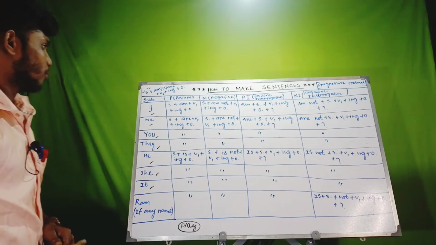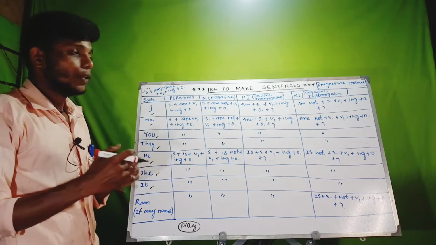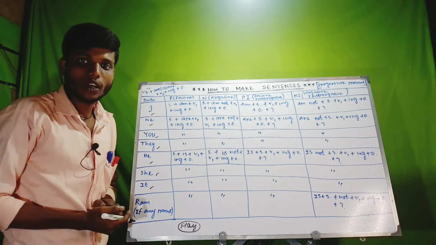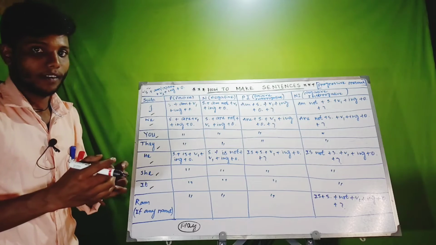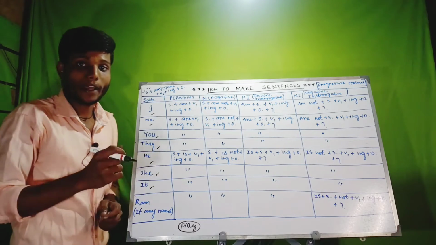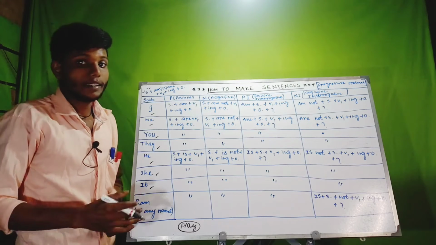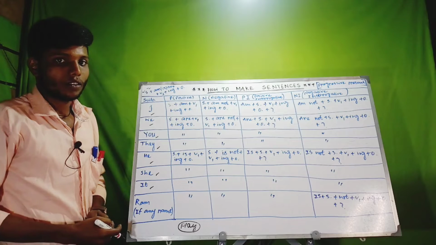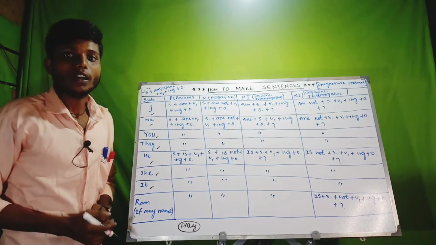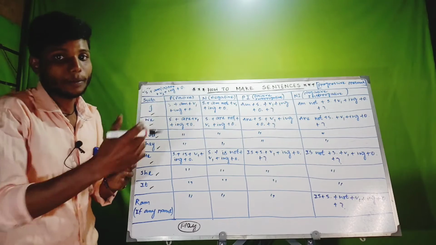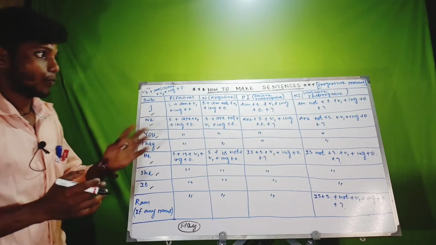When do we use present continuous tense in a sentence? That's the main point. The definition is that when the work is going on at the moment in the present, at that time we can use present continuous or progressive present.